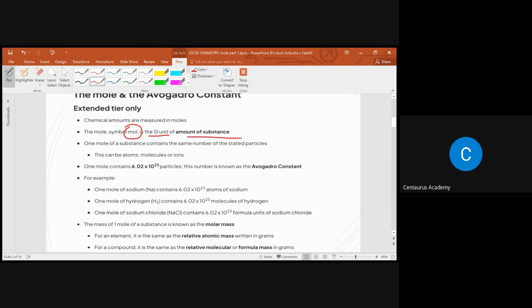For instance, if I say that you have 1 mole of any particular atom or element, say 1 mole of magnesium atoms, this would have a particular number of particles. That number of particles is equivalent to the Avogadro constant, which is 6.02 times 10 to the power of 23.